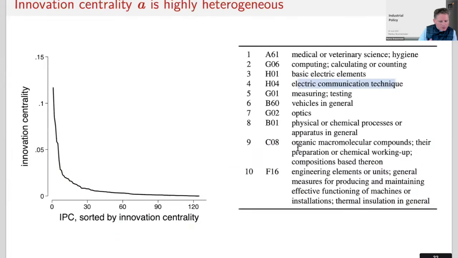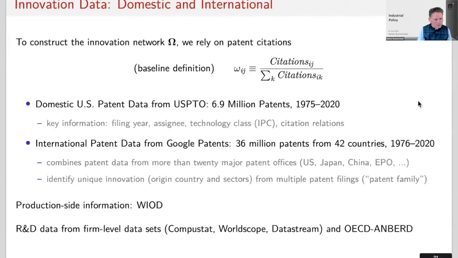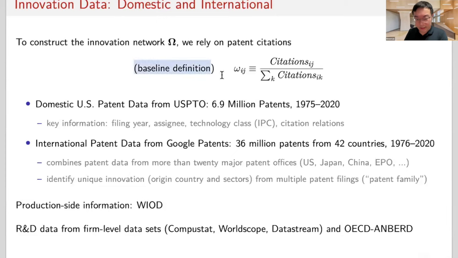In certain fields you cite very easily, in other fields you're very careful not to cite too many. Even within economics, do you correct for this? We try various ways to measure this, so we can weigh the citations. But remember, this is defined at the technology to technology level.